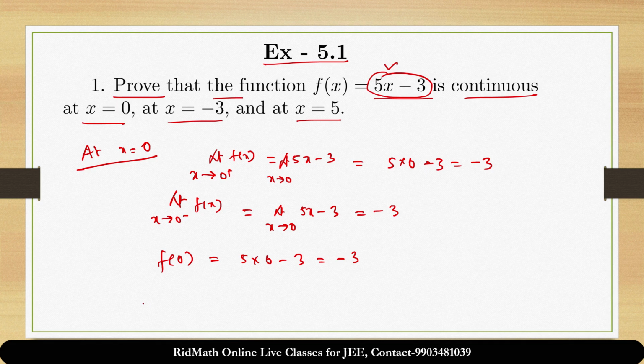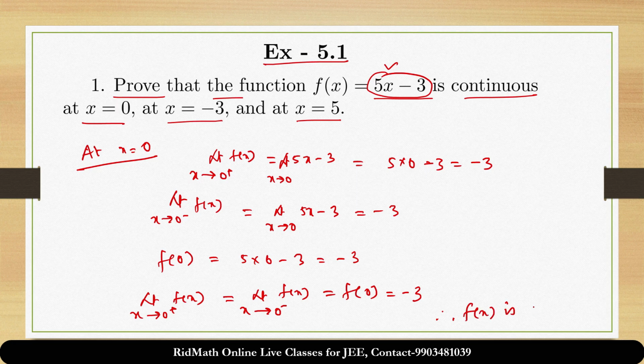So you can clearly see that limit x tends to 0 plus f(x) equal to limit x tends to 0 minus f(x) and f(0), all are equal and equal to minus 3. Therefore f(x) is continuous at x equal to 0. Now at x equal to minus 3.